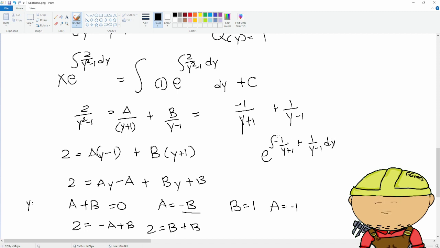And the integral is e to the negative ln of y plus 1 plus ln of y minus 1, and that's positive. Meaning our integrating factor is e to the ln of y minus 1 divided by y plus 1. Okay? Meaning y minus 1 over y plus 1. Okay? That's our integrating factor.